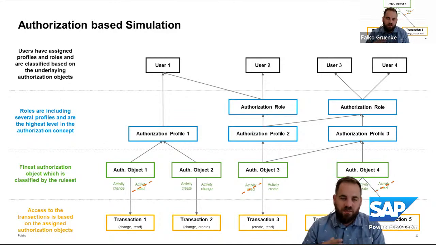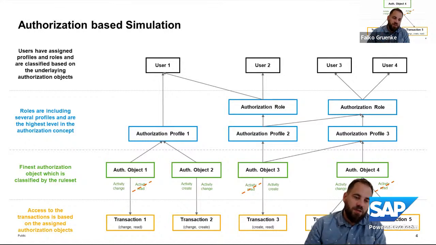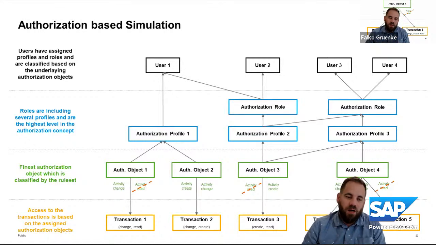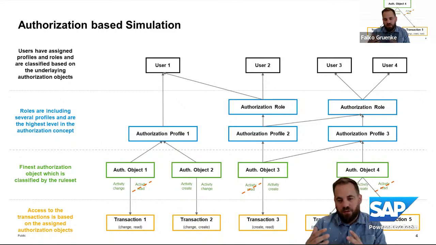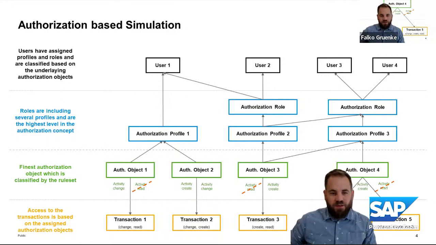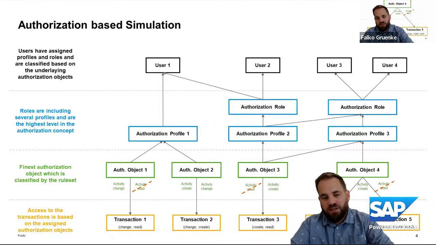Read-only access, for example, is covered by a productivity use, while, for example, a change or create or star would change the authorization object into a higher user type. This is all covered within our objects, and for some of them you have a one-to-one connection to the transactions, but there are also objects which have potentially several transactions behind them. But this rule set is the basis for the whole service and the tooling itself to analyze your users.